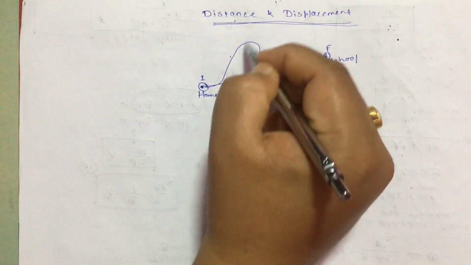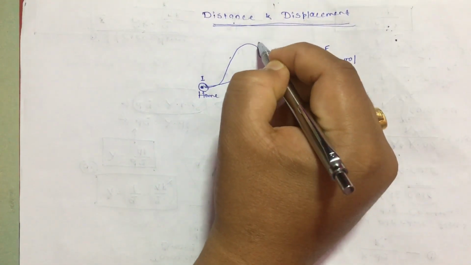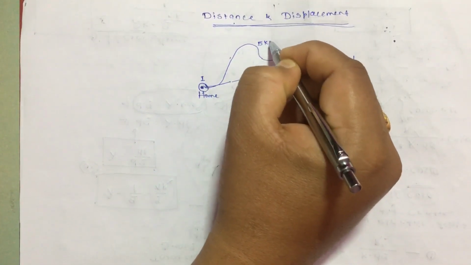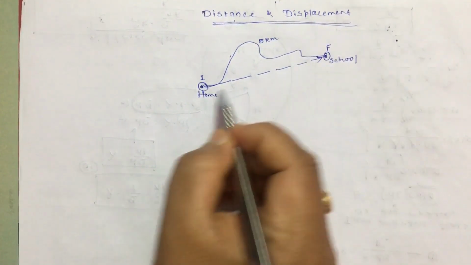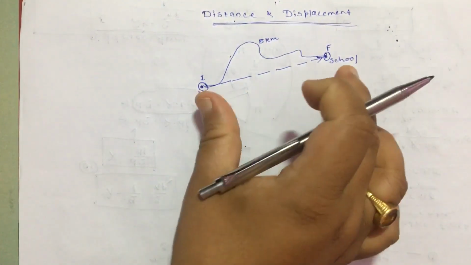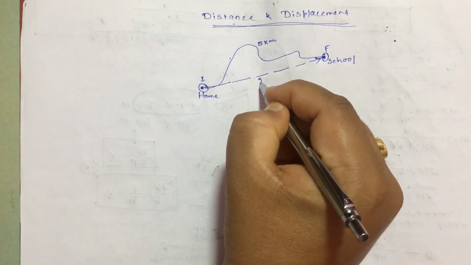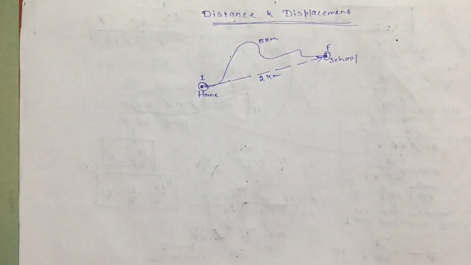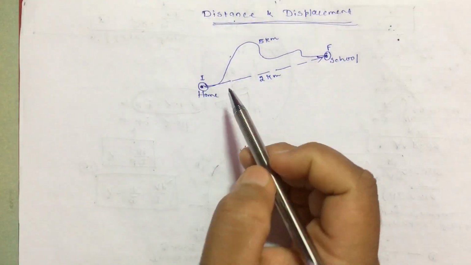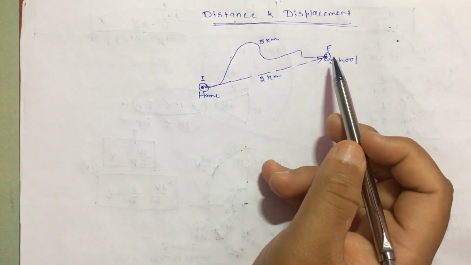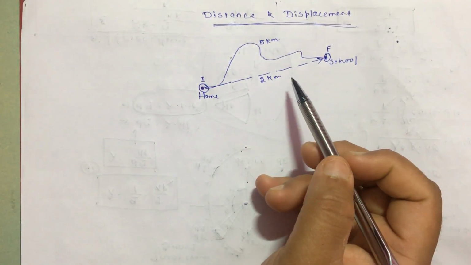Let the distance you traveled be 5 kilometers, but this straight line distance be 2 kilometers. While telling that the distance is 5 kilometers, you don't have to mention the direction.